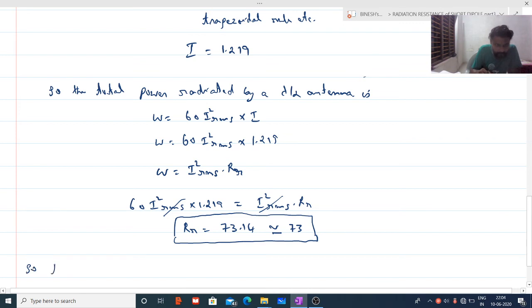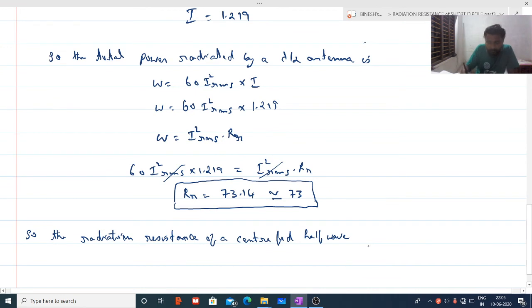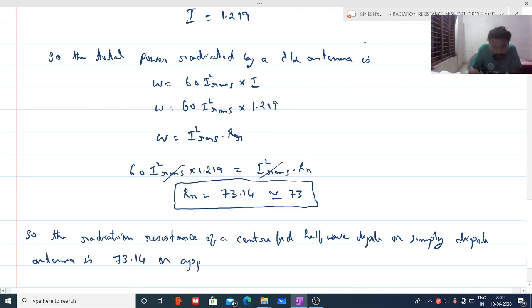Center fed means we are giving the source at the center. So the radiation resistance of a center fed half-wave dipole, or simply a dipole antenna, is 73.14, or approximately 73 ohm.